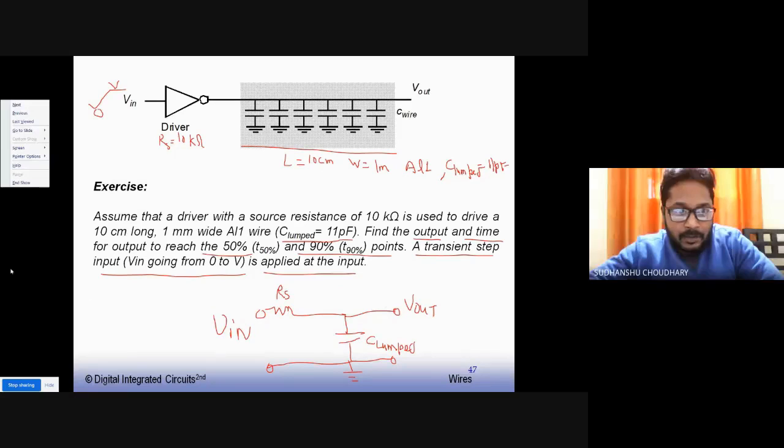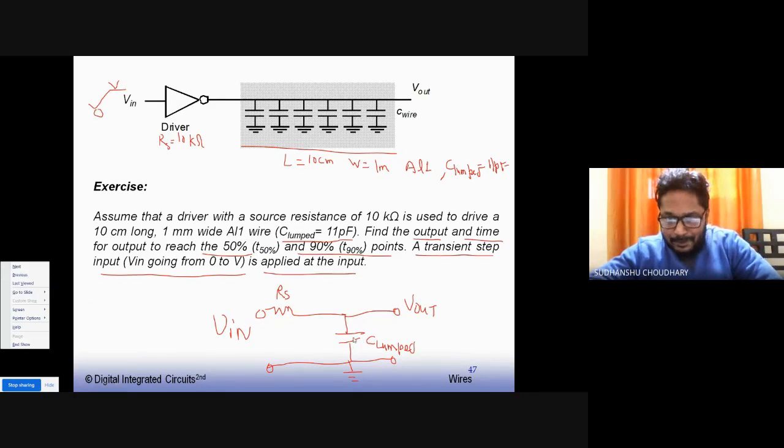Okay, so let us try, in fact, this circuit we had seen earlier also. If we try to calculate V out at this point, one can simply find out V out. In fact, one can say that all the current one has to equate to 0, right? So that is the current flowing through this resistance plus the current flowing through this lumped capacitor, and that can be equal to 0.